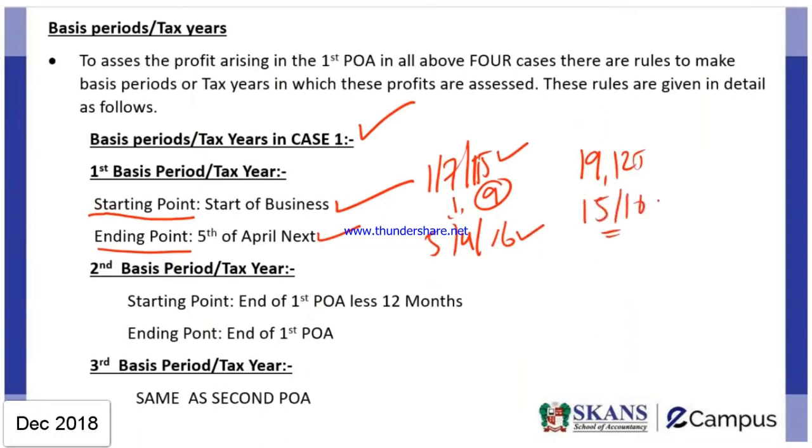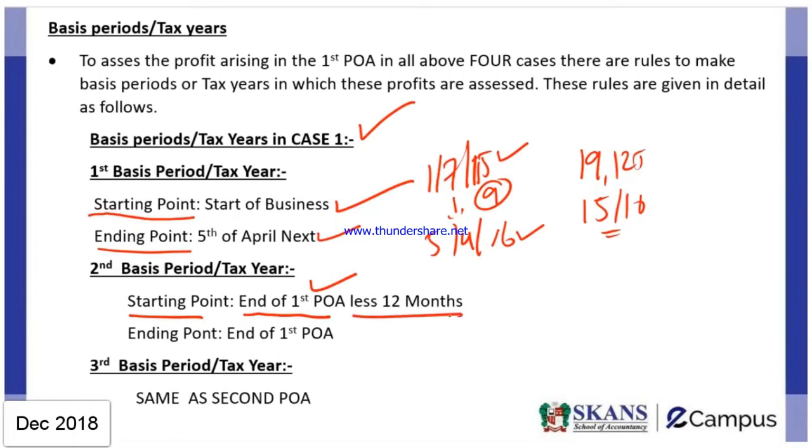So the profits of the first period of account are assessed in 15-16 at 19,125. Now we apply the rule of the second basis period in case 1. The starting point says the end of the first period of account. Please remember, not the first tax year, but the first period of account less 12 months.